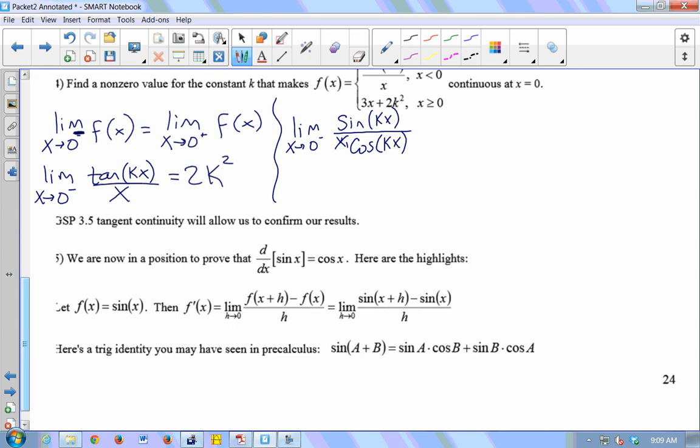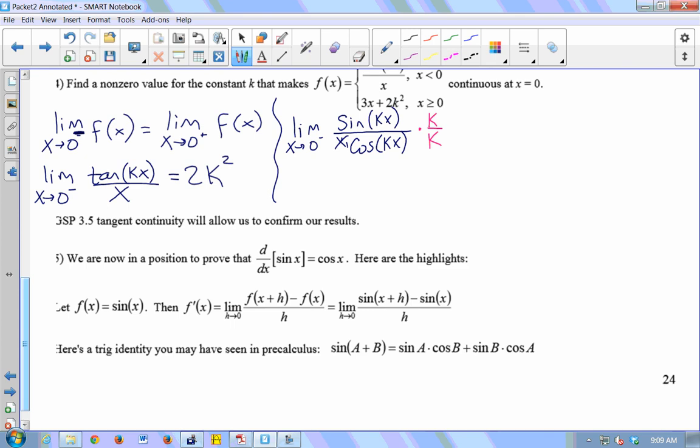Now, if I had a sine kx over kx, then that limit would be 1, right? So maybe I will multiply this fraction by k over k, because then I'll have a k in the denominator.